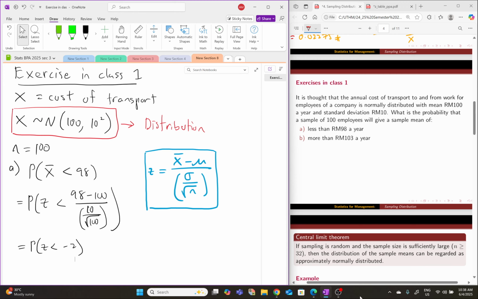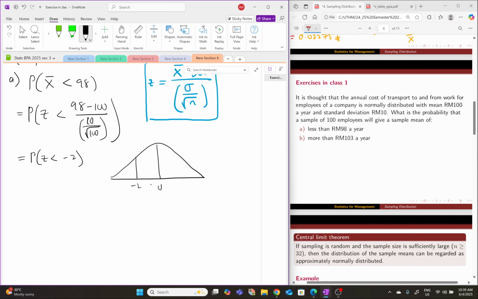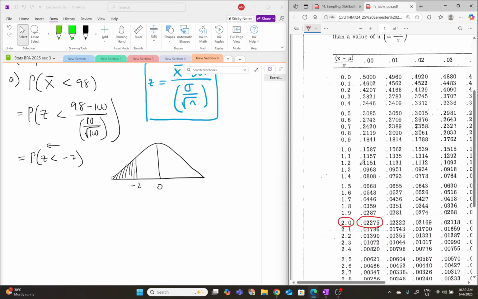Okay, now we're going to find, so what you do, you draw a sketching. Negative 2 here, and you see the arrow goes this side, so I want this side, but your table always gives the right hand side.